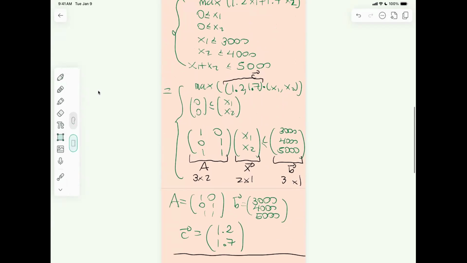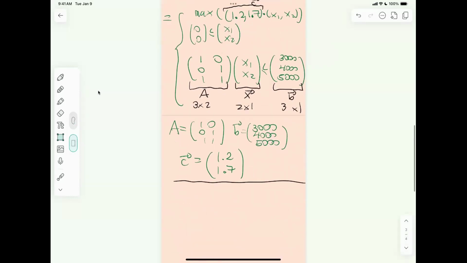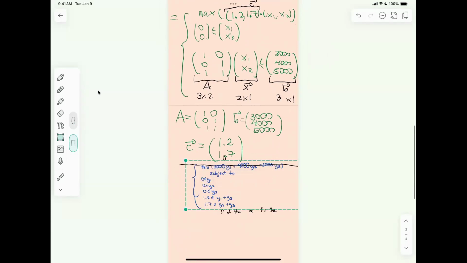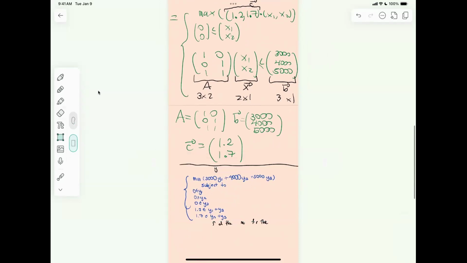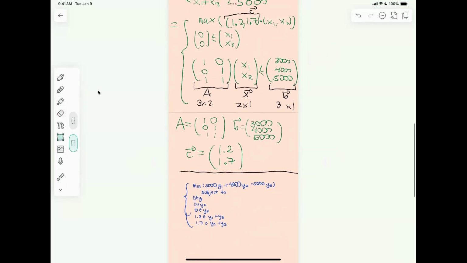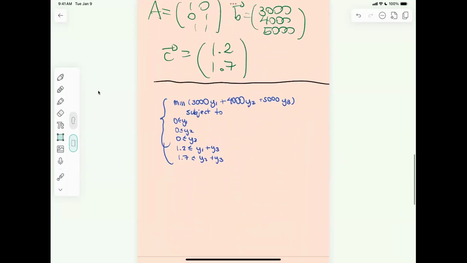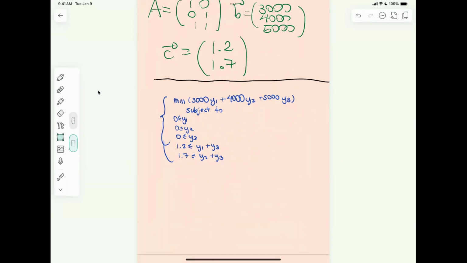Sorry, give me a second to copy paste. Okay. Again, I'll share the notes. But let's try to write this in matrix format.